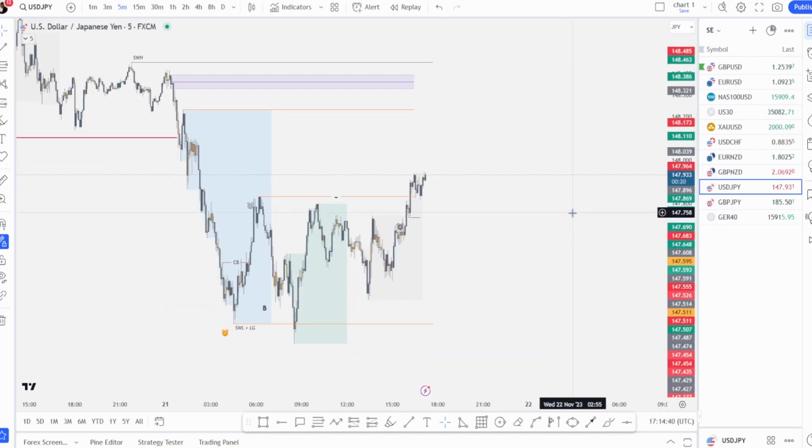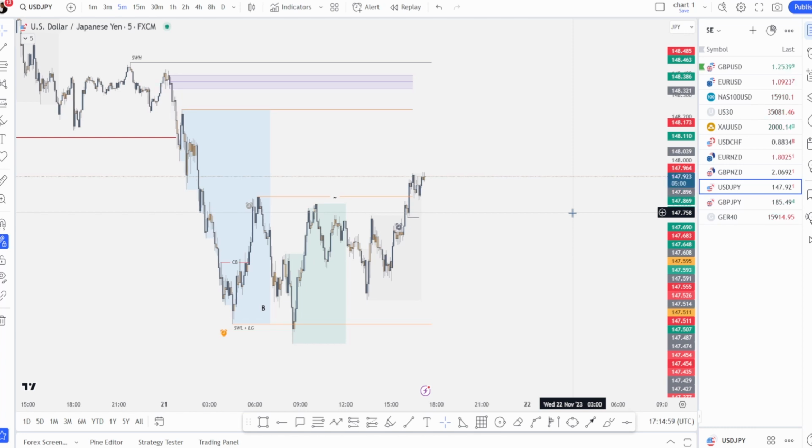So hopefully that has helped you guys understand the principles between the A and the B scenario. Remember, if you are slightly confused and you still don't understand fully, grab a notepad, rewind back to the point where we were walking you through the criteria for these entry points, and then begin to work your way through on your own charts.